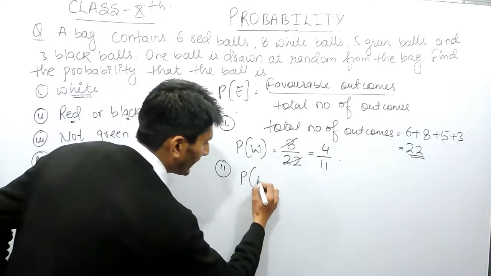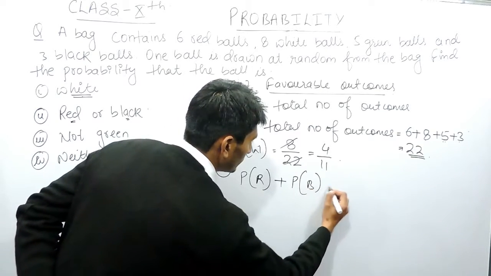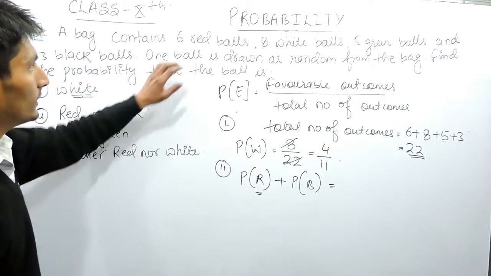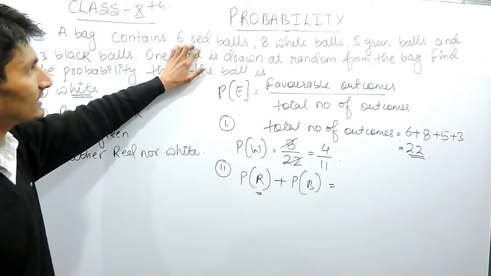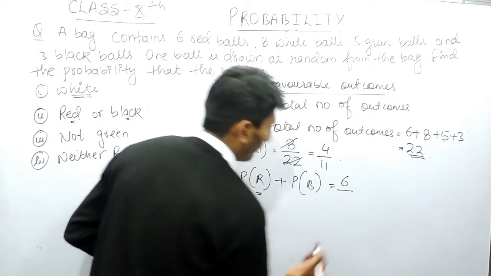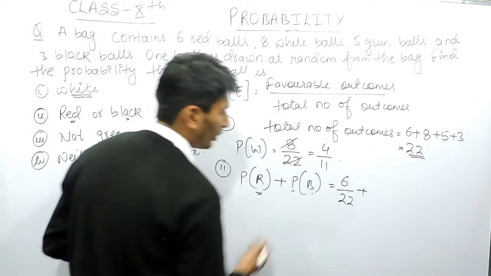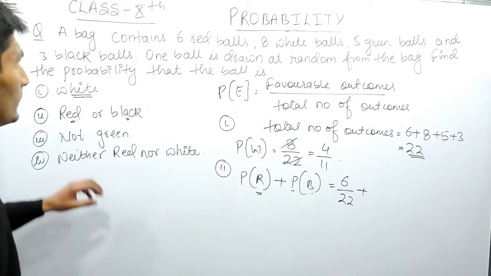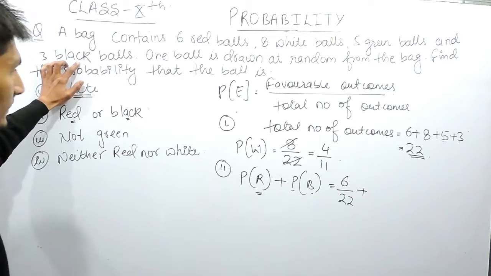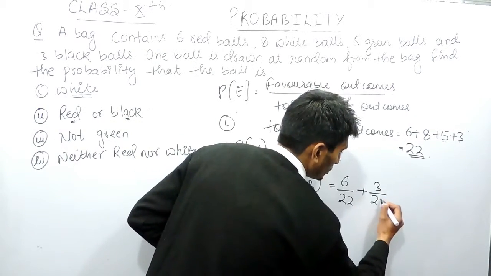Now the probability of red plus the probability of black will be equal to, there are 6 red balls in the bag, so there are 6 favorable outcomes for red, upon the total number of outcomes, 22, plus the probability of black, there are 3 black balls in this bag, so the favorable number of outcomes for black is 3 and the total number of outcomes is 22.